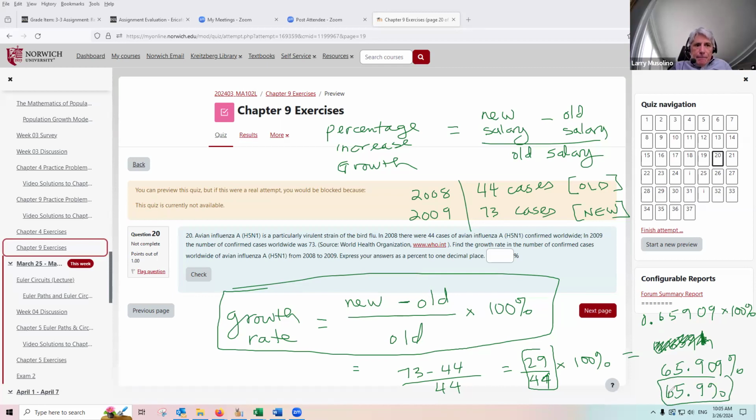And then I remember you had talked about it being negative. Well, it would be negative only if the number went down, so I have to ask myself, did this go up or down? Well, in 2008 it went from 44 to 73. So that was an increase, and an increase implies a positive growth rate.